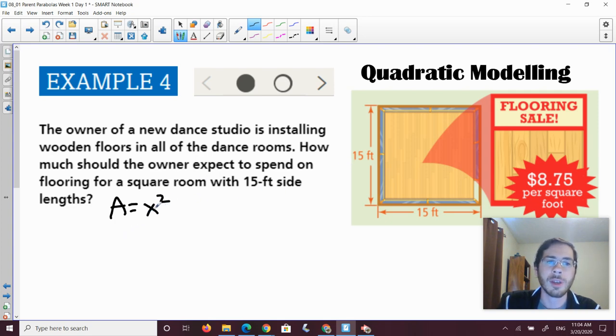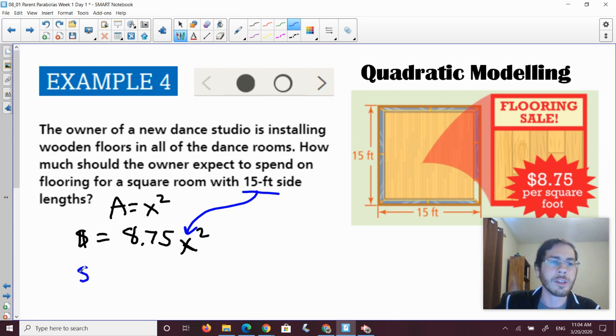So I know I have to pay for each square foot. I got to pay $8.75 per square foot. So my price is going to be $8.75 times whatever the area was, so times x squared. In this case, we've got a 15-foot side length. So x is going to be 15 feet.